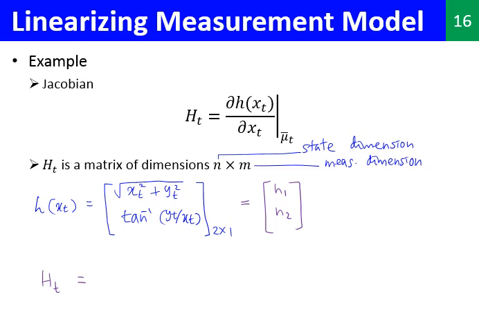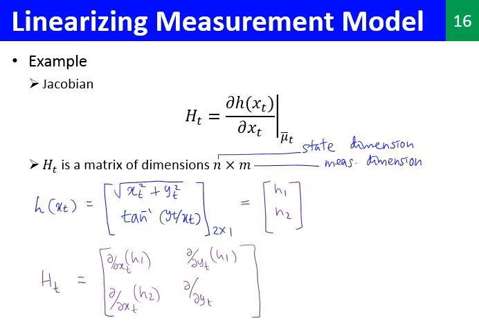Let's write that here. We first take the derivative of h1 with respect to xt, and then with respect to yt. Similarly, we take h2 and again take the partial derivative with respect to all the elements of x. So this would be a 2 by 2 matrix.